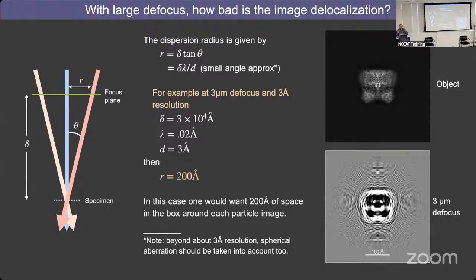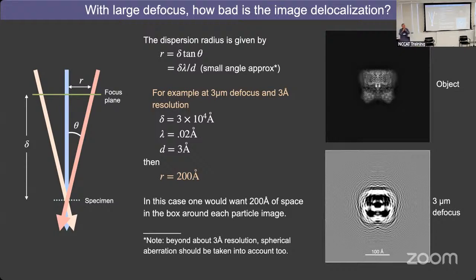So that says that in this image taken with 3 micron defocus, and I want to have data out to 3 angstrom resolution, those fringes are going to be 200 angstroms away from the original object. So the people who did the TRPV1 structure used boxes of this size, which were actually kind of tight, because what you really want is to have 200 angstroms worth of space between the edge of the object and the edge of the box that you're using to make the images for reconstruction.